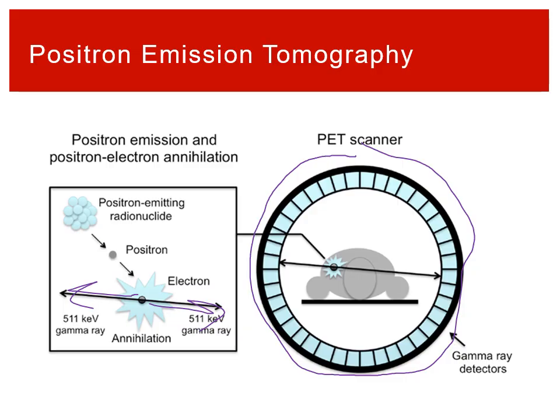Because those gamma rays are emitted in opposite directions, they're creating an explicit line that would show you the point in space where that nucleus was when the emission happened, when the positron was emitted and those two gamma rays came out. So it's sending out this signal. This is the location of the nucleus.